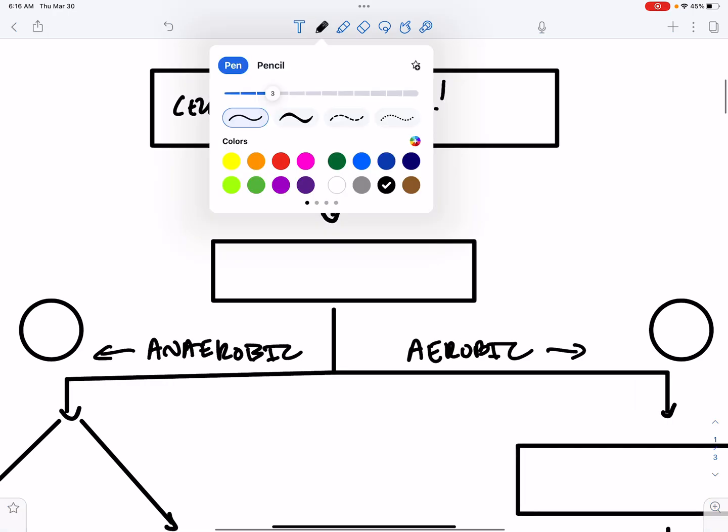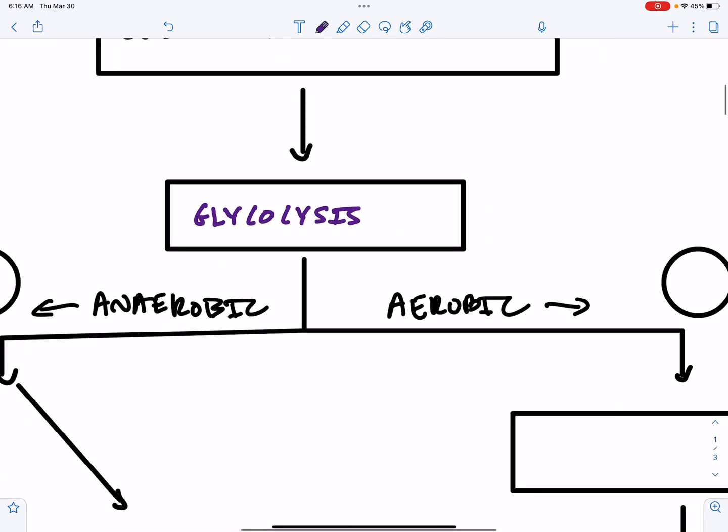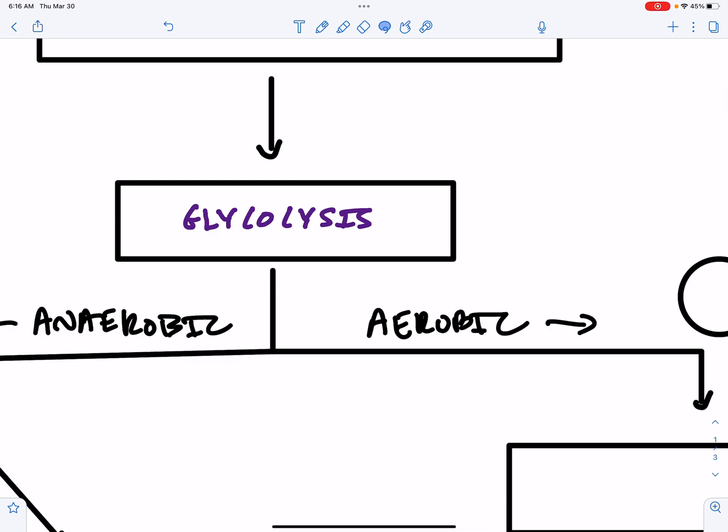All cellular respiration starts with a set of reactions known as glycolysis. Glycolysis, glyco meaning sugar, and lysis meaning to split or to break. So in the process of glycolysis, we are going to be splitting or breaking a specific sugar, glucose.